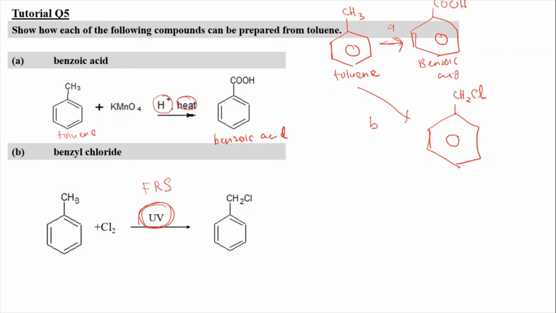Okay, so one of the hydrogen is going to be replaced by chlorine, and this is going to produce our benzyl chloride. Dan ini adalah benzene. So from benzene nak produce benzyl chloride, we use chlorine and UV. Okay.